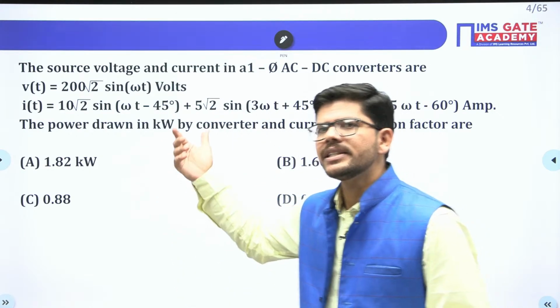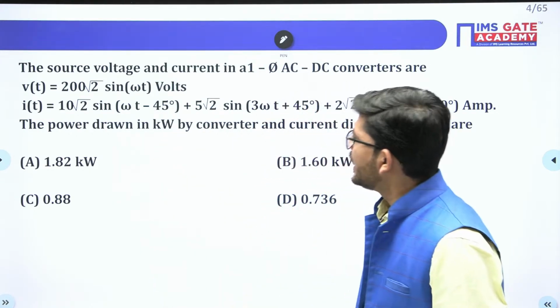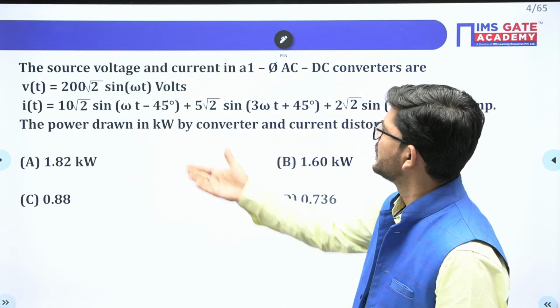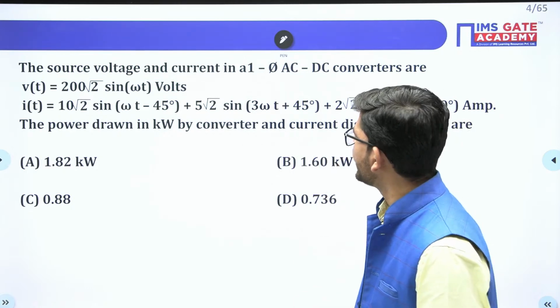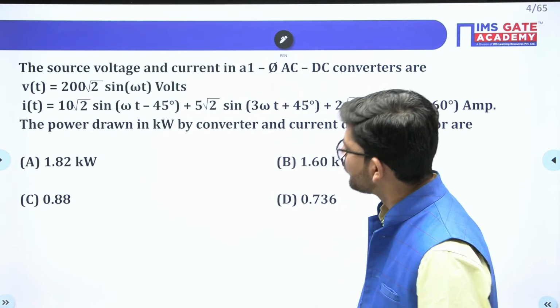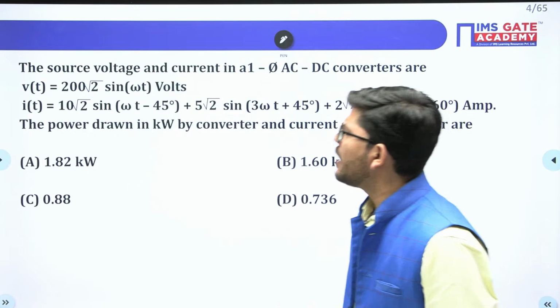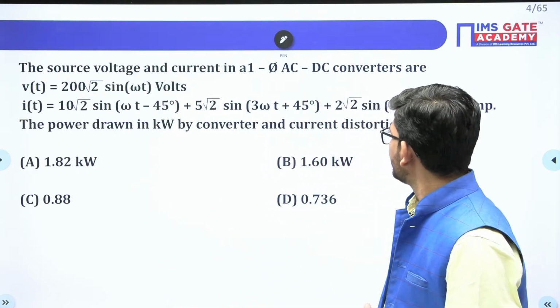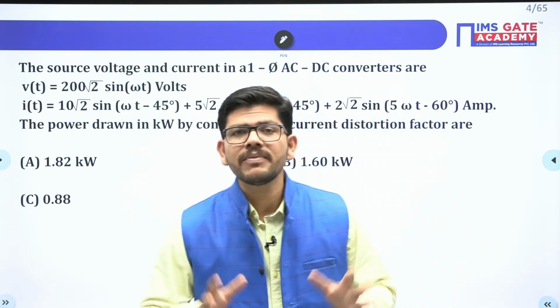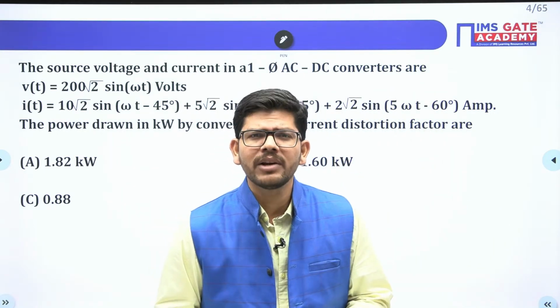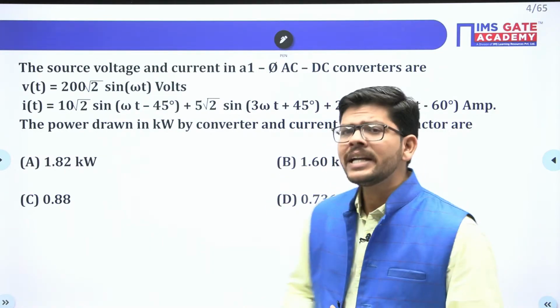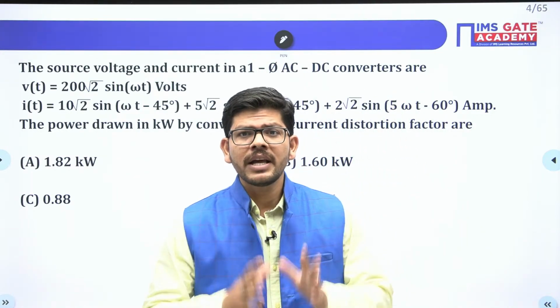The voltage is sinusoidal, but the current is also periodic and has three sinusoids, sin omega t, sin 3 omega t and sin 5 omega t. You have to calculate the power drawn in kilowatt by the converter and the current distortion factor as well.